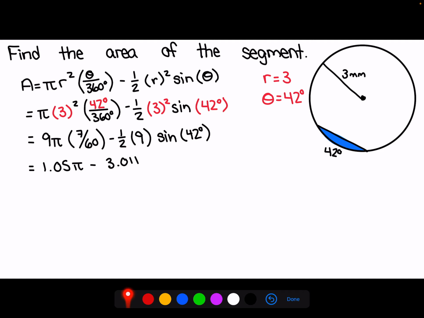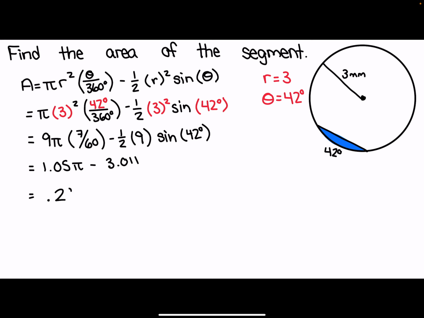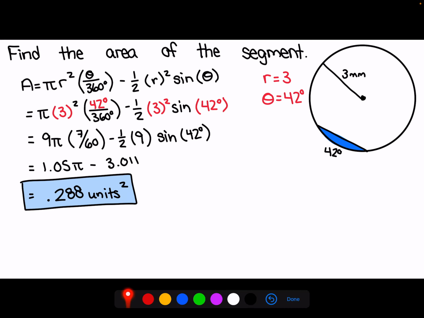And 4.5 sine of 42, well, that'll give me 3.011. Again, this is 4.5 times sine of 42. That's where this came from. From here, if I subtract 3.011 from 1.05 pi, we'll be left with our final answer as 0.288 units squared.